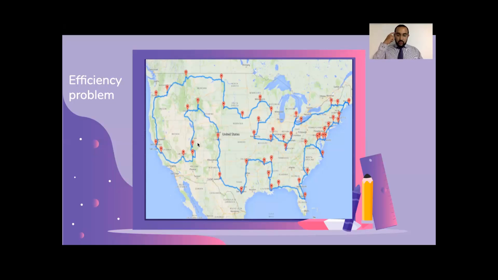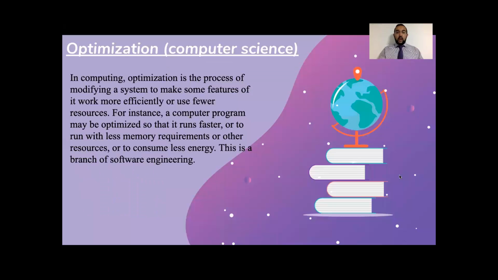I just want you to remember that, put that in the back of your mind. We'll come back to it and we'll try to connect today's lesson to this efficiency problem. All right, efficiency is also related to optimization. In computer science, the word optimization means a process of modifying a system to make some features of it work more efficiently or use fewer resources.